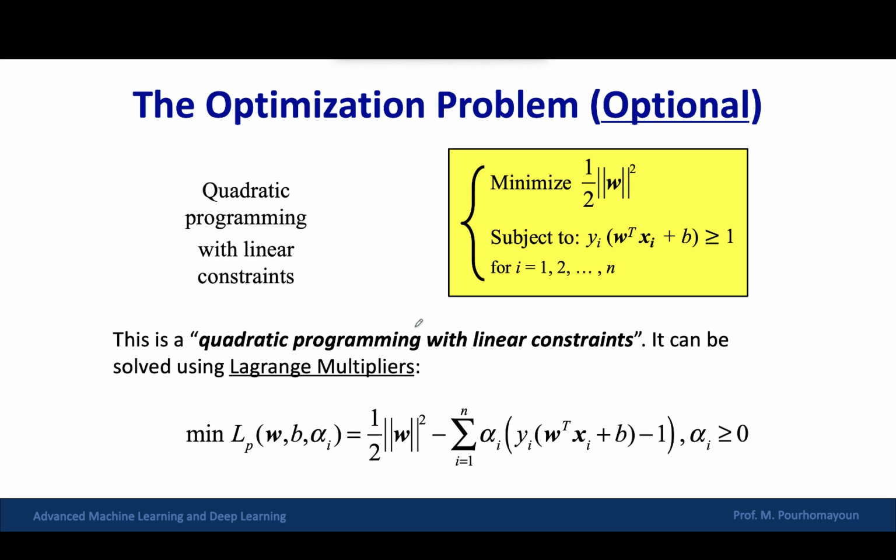But how to solve it, it's completely optional. I put the slides here for your information if you are interested in, and by optional I mean I don't expect you to know details, and there will be no questions in the exam, but feel free to review it if you are interested in.